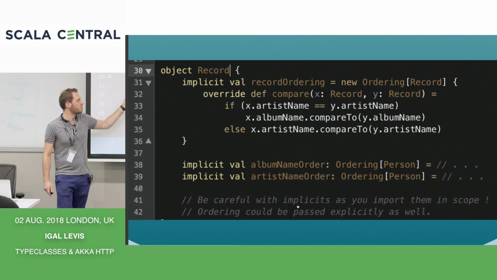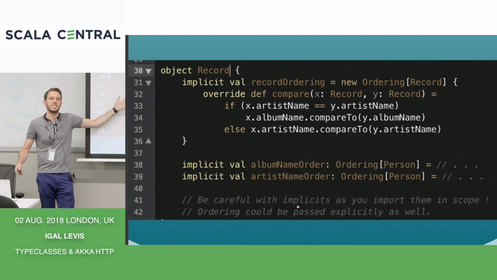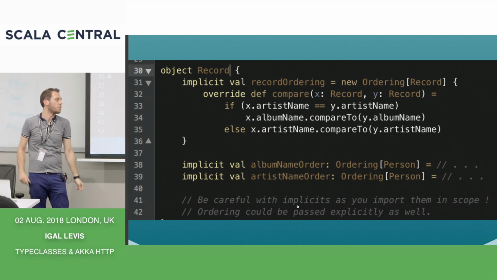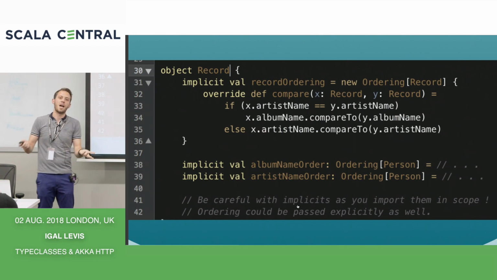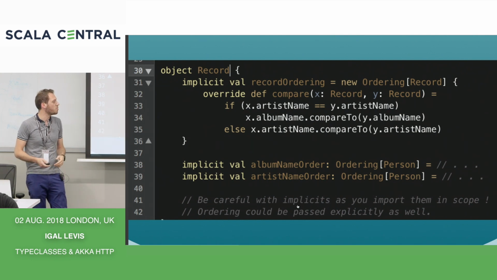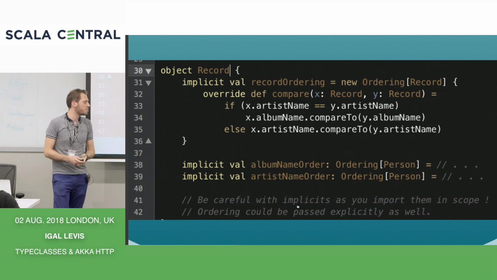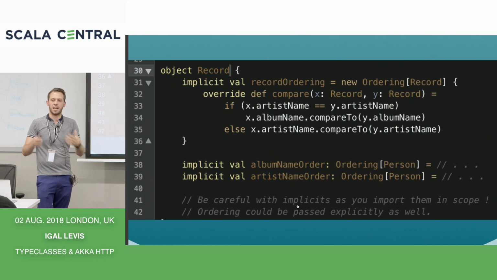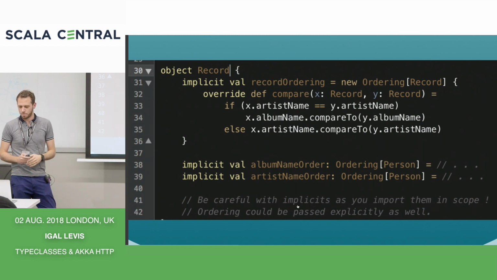If you have multiple implicits defined, which is basically telling the compiler that this ordering is defined in my global scope, the compiler will be confused, so you either need to be careful about which one you want to import, or if you want to be more explicit about it, you can call the sorted method with an explicit parameter saying to use specifically this one.